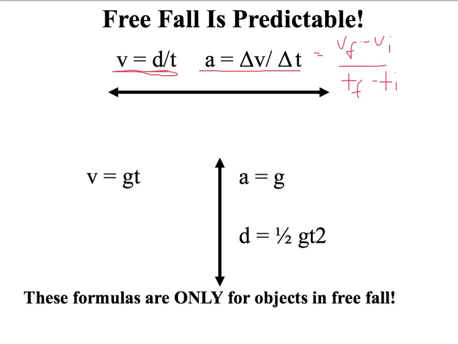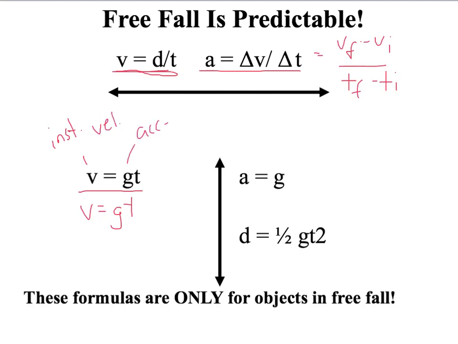So an object that's in free fall is very, very predictable, and we're going to use slightly different equations. So we're going to use this equation where the instantaneous velocity equals the acceleration due to gravity times time. So this is instantaneous velocity.